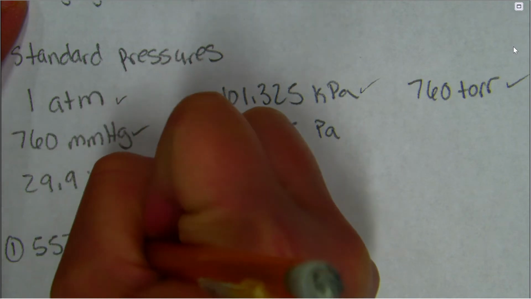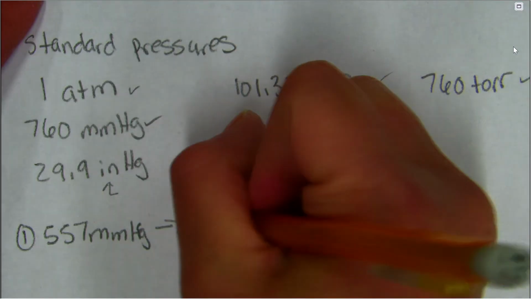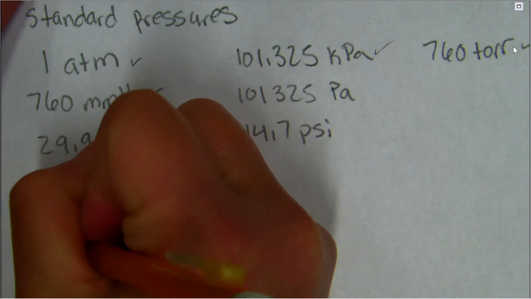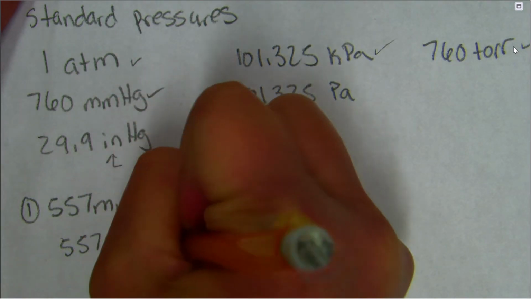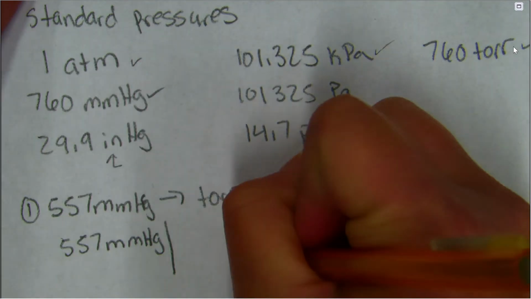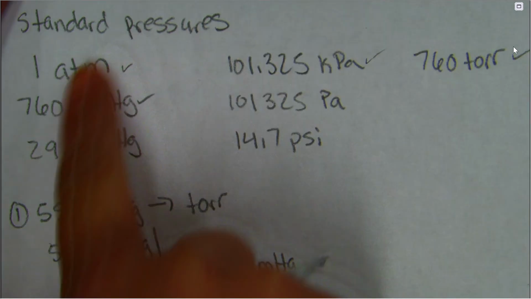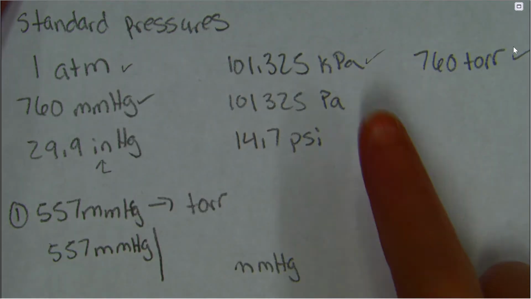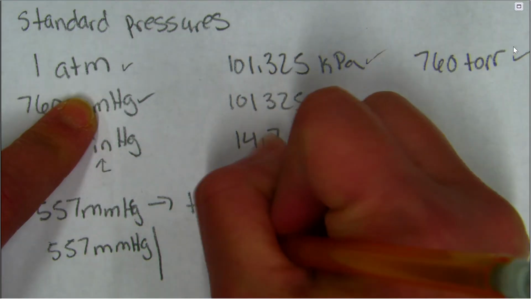So if we wanted to take 557 millimeters of mercury, and I'm being asked to put that into torr. So we're going to do dimensional analysis like we've already learned how to do, where if millimeters of mercury is on top, it is going to go on bottom. And now I can go direct between any of these units because they are all standard units. Okay, so I can go direct from millimeters of mercury to the torr.